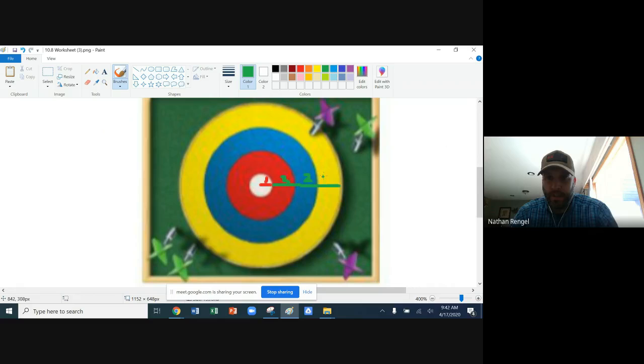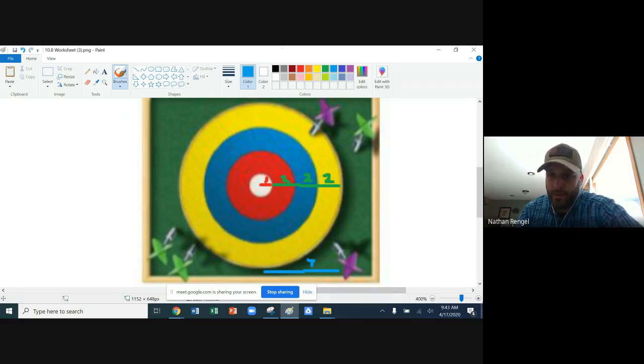So all these have 2. So we've got 2 plus 2 plus 2 plus 1. That's going to tell us that the full radius of this circle is going to be 7.